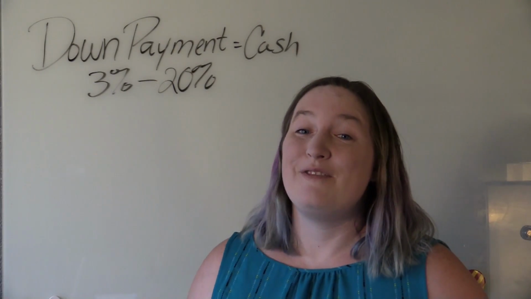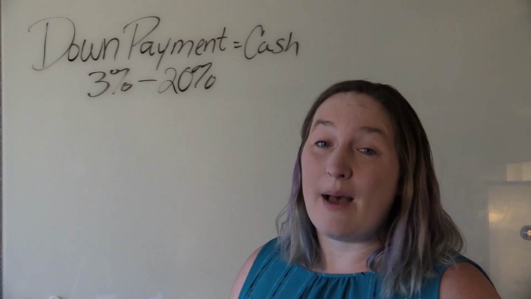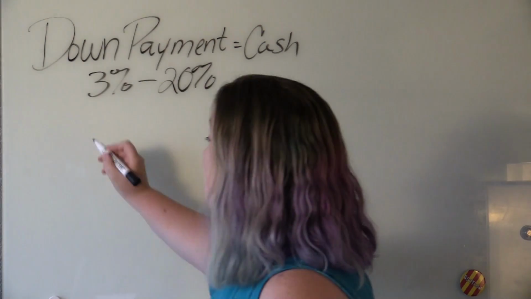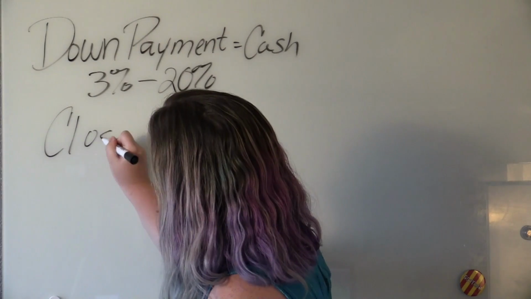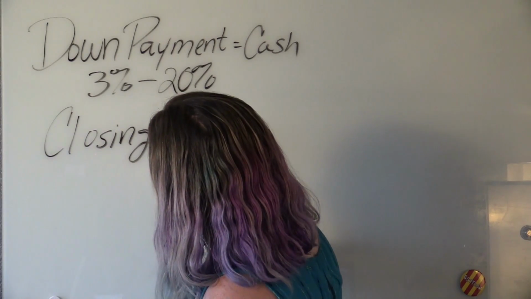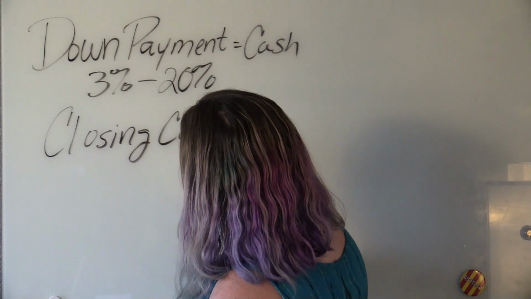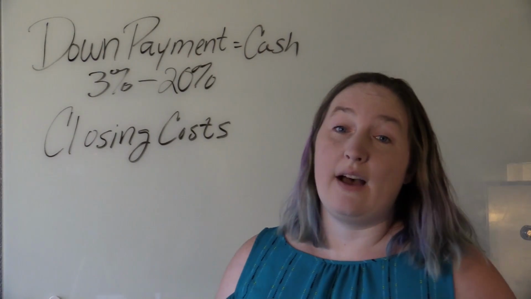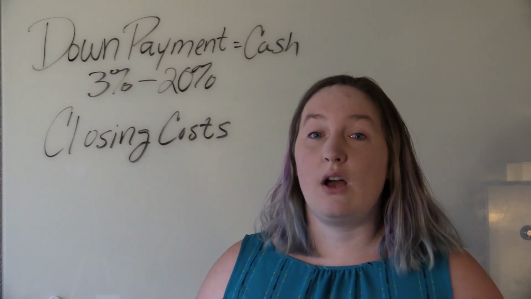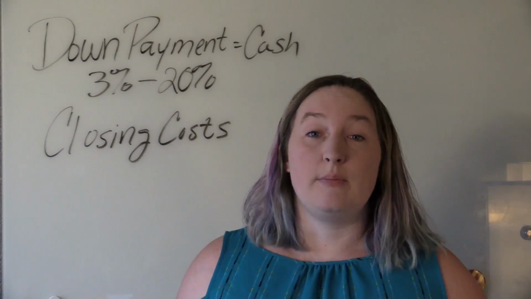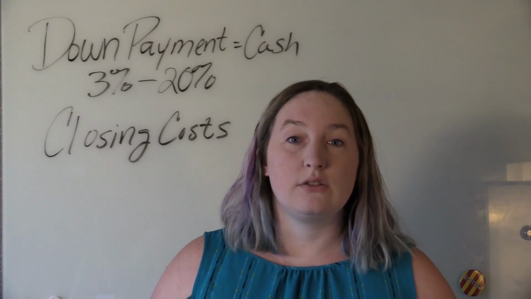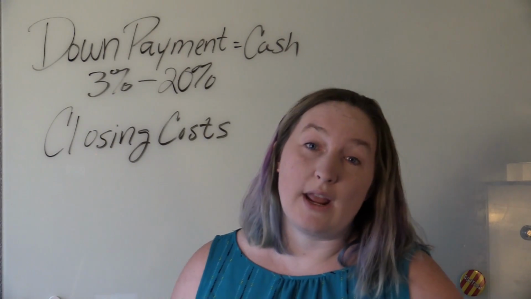Closing costs, though, are very different from down payment because these happen with all transactions. Both sides have closing costs. Closing costs to the seller, to the buyer, everybody kind of splits certain costs, certain fees, certain recordings.